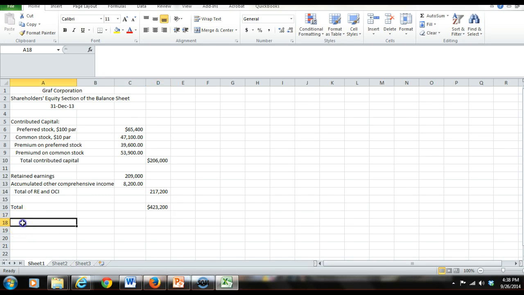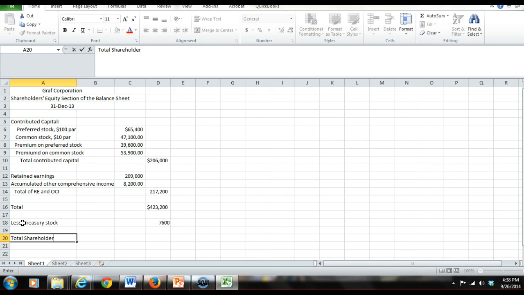$423,000. Then what we'll do is subtract from our shareholders' equity our treasury stock. This treasury stock is what we have purchased back into the company, and we're going to show that on our books as a minus in our stockholders' equity section.